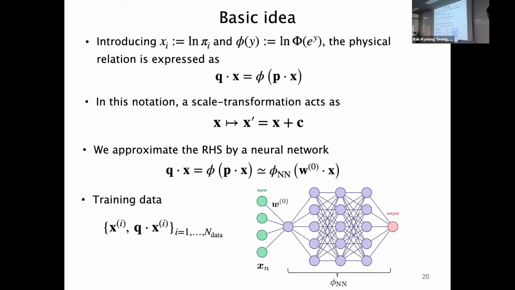So for that purpose, we're going to bring a neural network to approximate the right-hand side of this equation. And we also have the data, from experiment or from some simulations. So we have a pair of this X vector and data corresponding to the left-hand side.